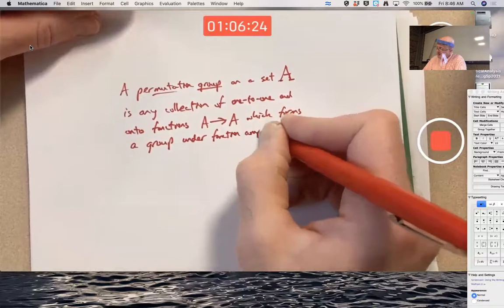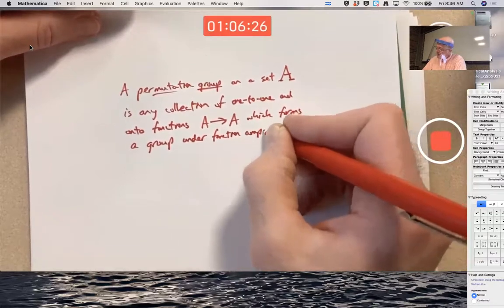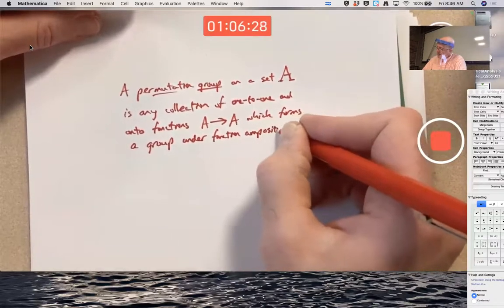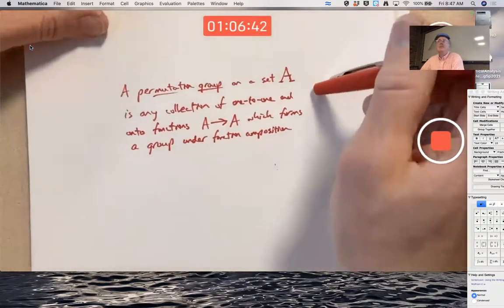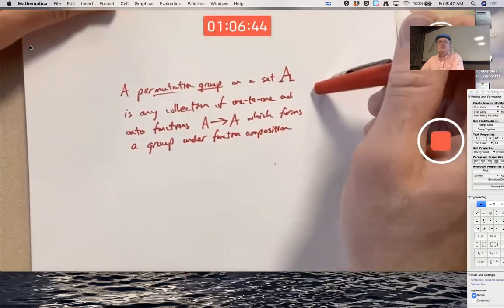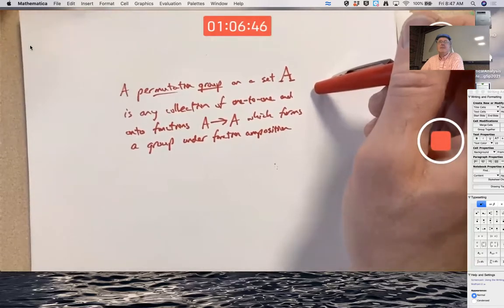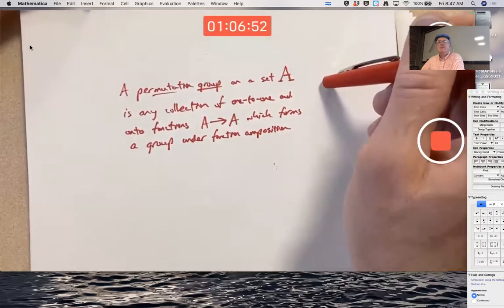The elements of any permutation group are always functions that are one-to-one and onto from a set to itself. Nothing about A necessarily being finite. In most of the examples we consider, A will be finite, but A could be infinite.